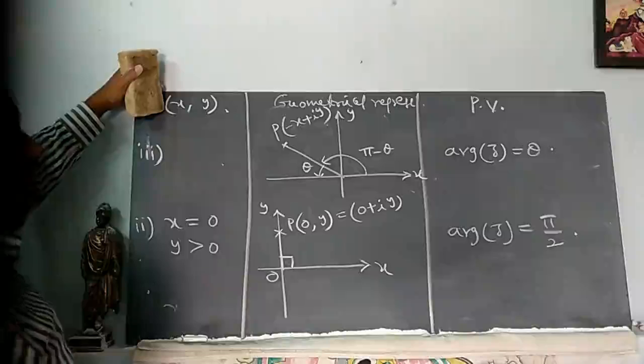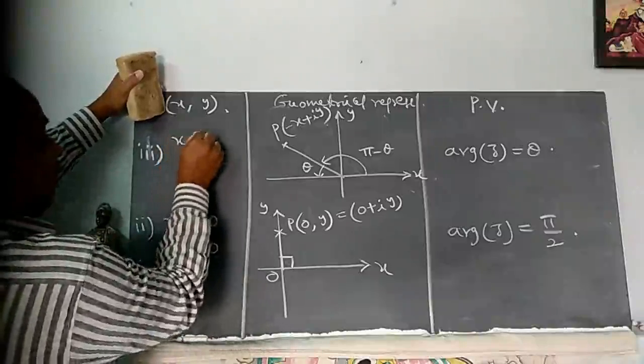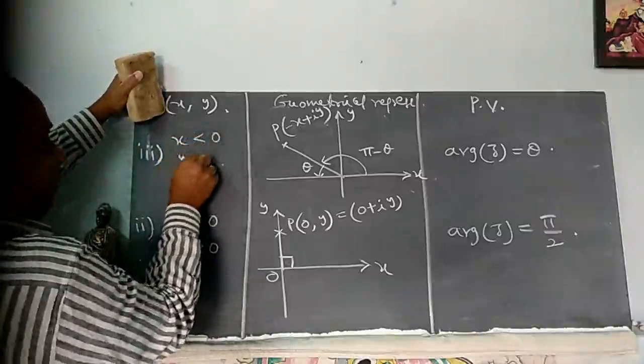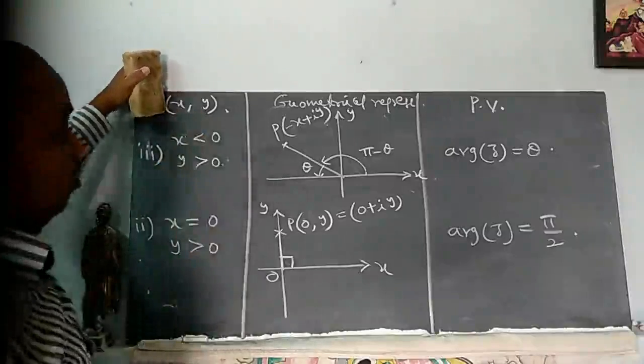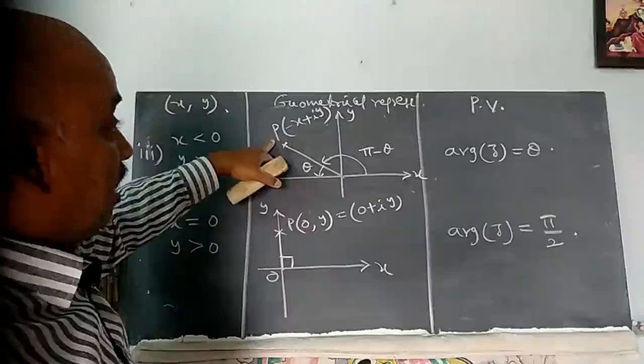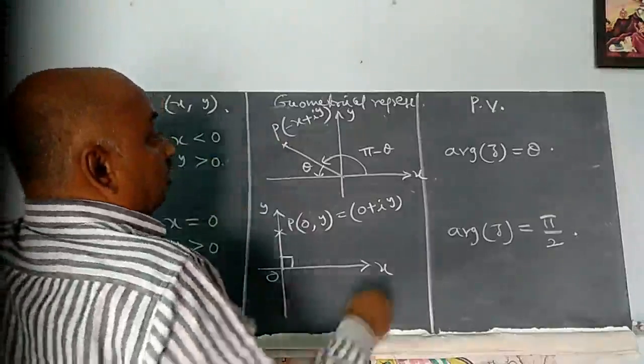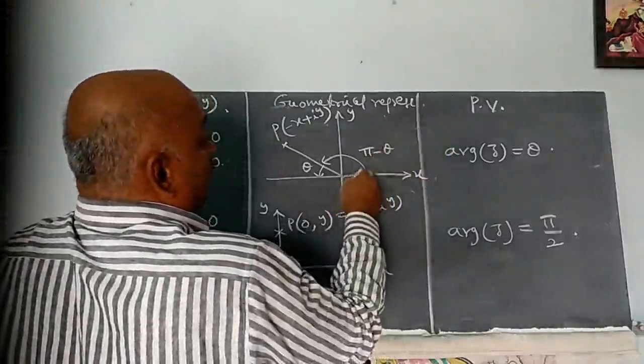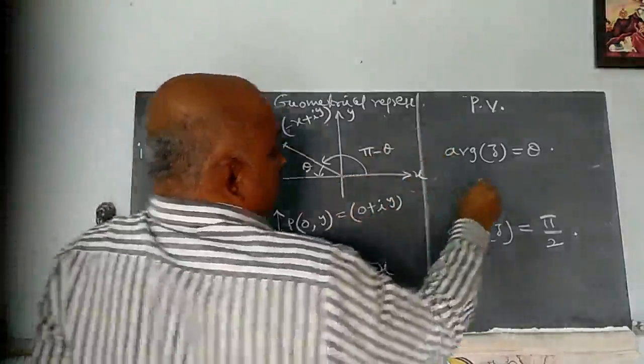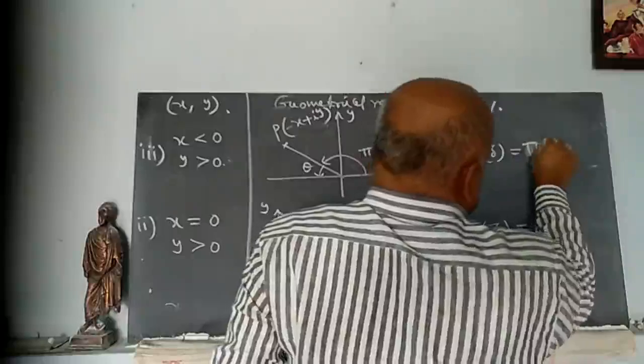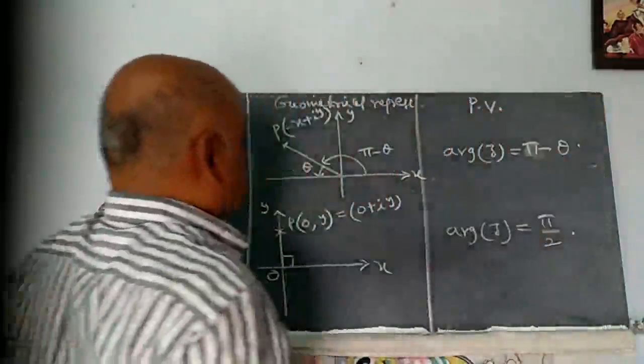So in this case, x is less than 0, y is greater than 0. P is in the second quadrant. Then the principal value of the argument of Z is pi minus theta.